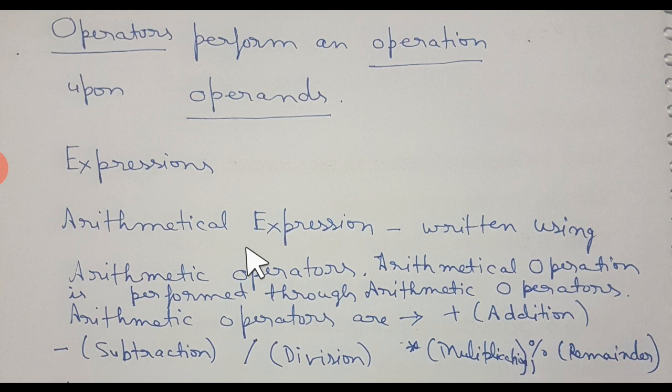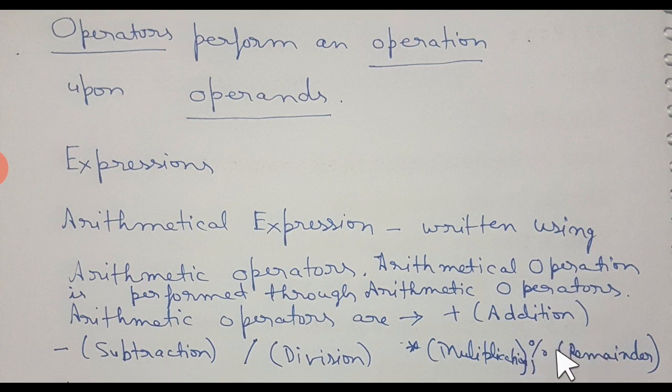Arithmetical expression basically performs the arithmetical operation using the arithmetic operators. Arithmetic expression is written using arithmetic operators. Arithmetic operators are plus for addition, minus for subtraction, division, then asterisk, that is multiplication, and then remainder.